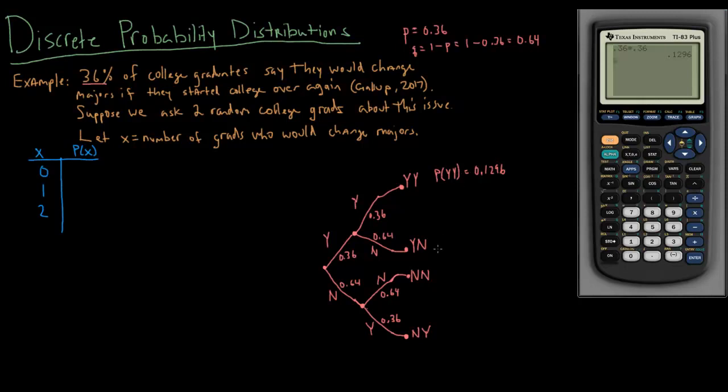Now, if we want to look at the probability of yes, then no, it's 0.36 times 0.64. So 0.36 times 0.64. We get 0.2304.